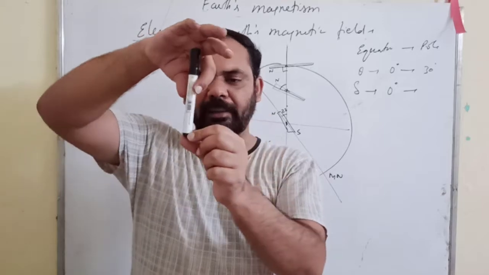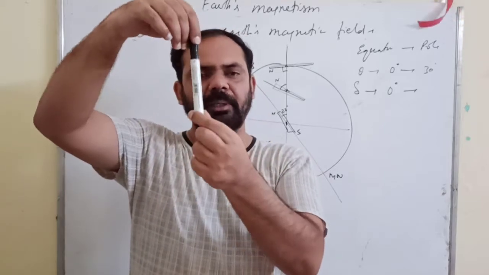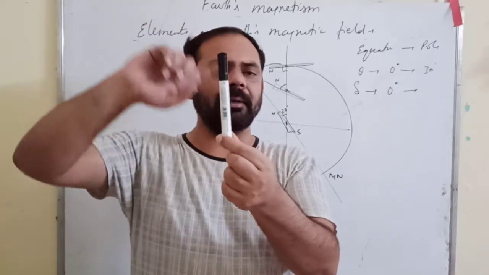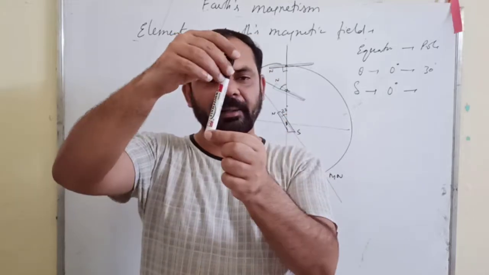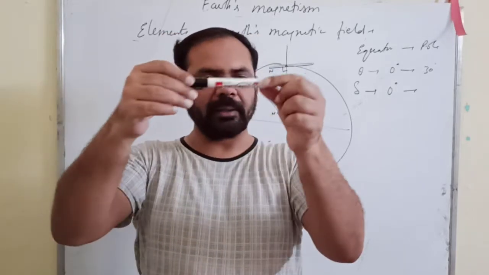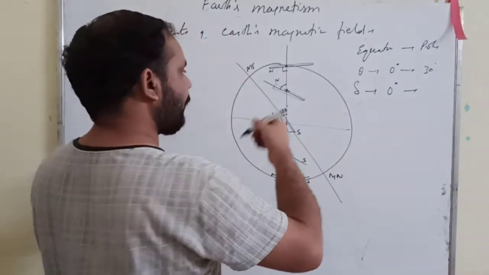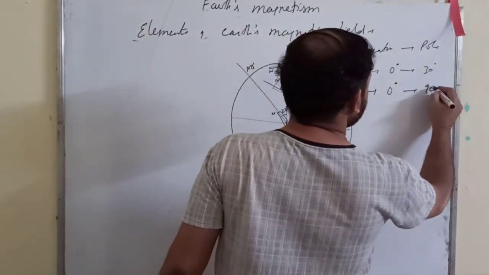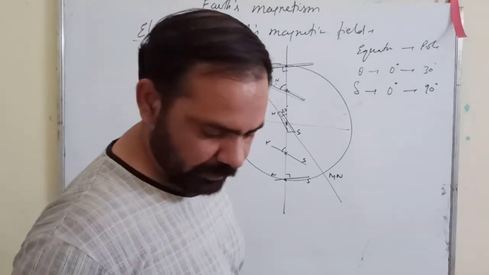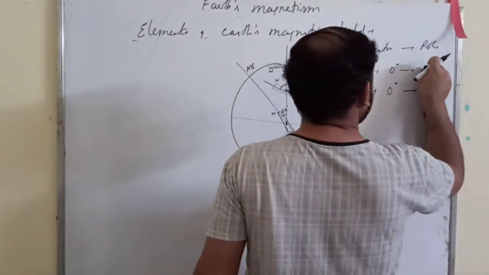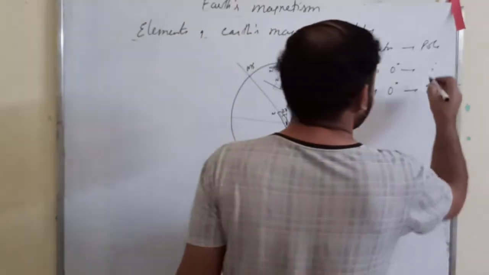So it will be attracted like this, and the magnet will become vertical. So how much angle has it subtended with the horizontal direction, or vertically? It is 90 degrees. I mentioned this as 30 degree here, I'm sorry, this should be 90 degrees.